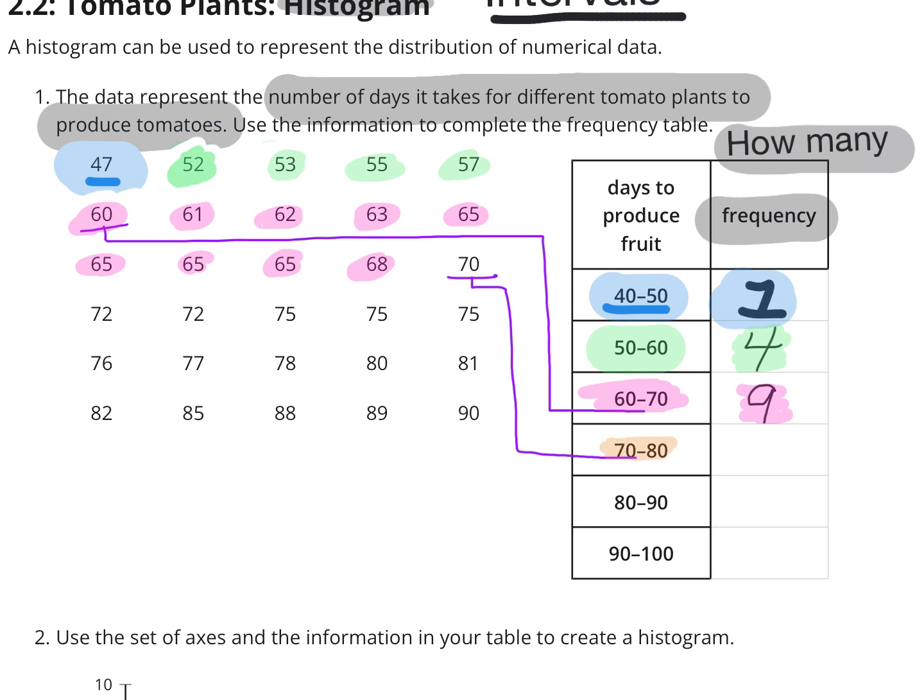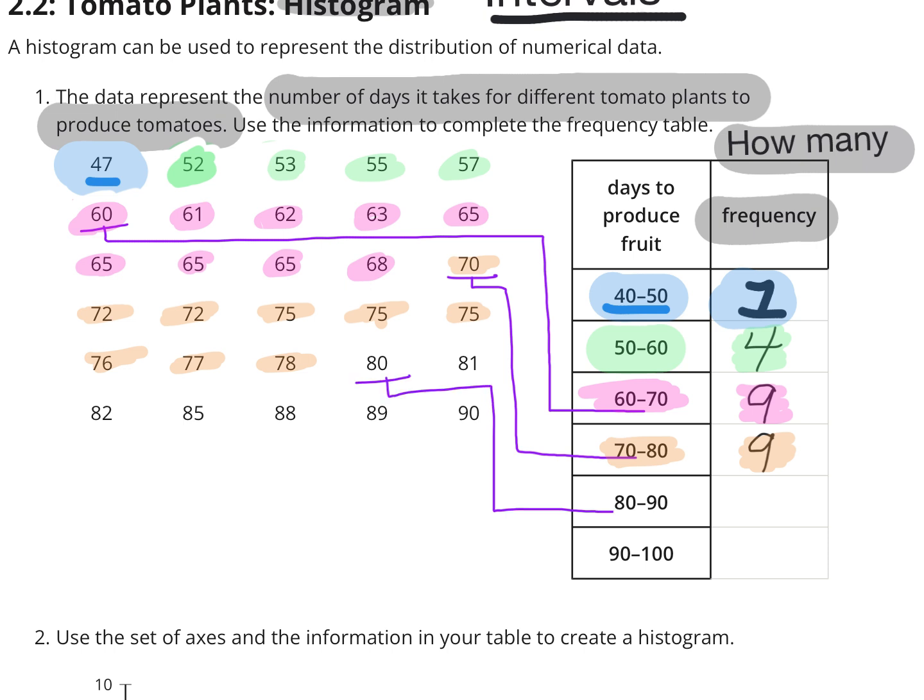Next, let's do our orange. And so we've got these pieces of data that fall within the interval of 70 to 80. But again, remember, we are not going to include that 80. So that means that this frequency is also 9.